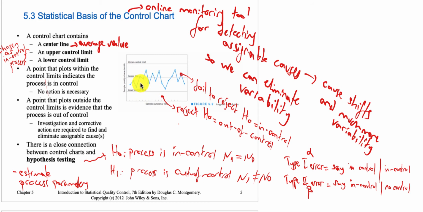We are not measuring all of them, although we could, but let's assume we are measuring sample to sample. We take a sample, wait for an hour or half an hour, then take another sample, and another. We take the average of the quality characteristic on these samples, and the points are given these values.